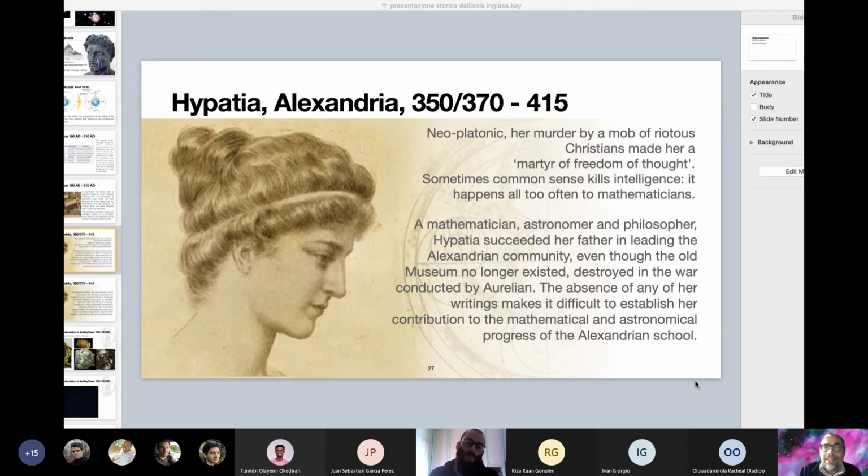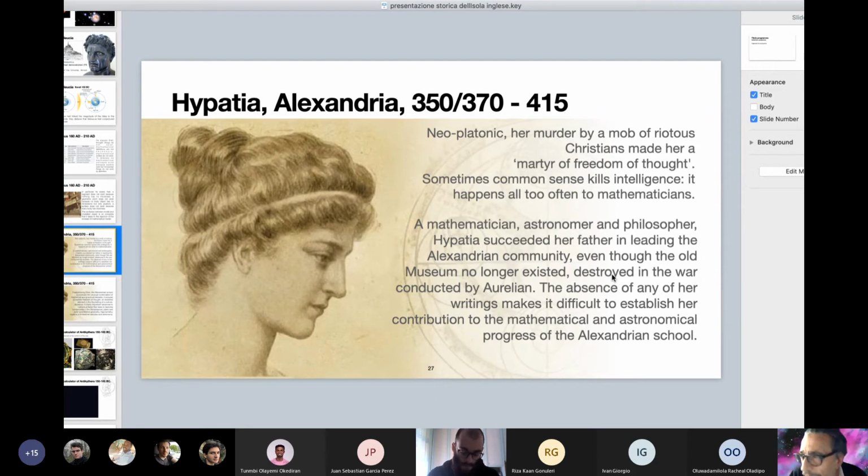Okay? The same, if we had a different society, these people could kill the president of the Accademia dei Lincei, as happened to Hypatia, shouting that he wants to destroy restaurants. Okay?